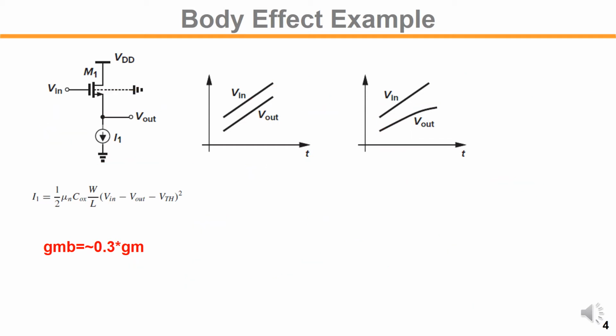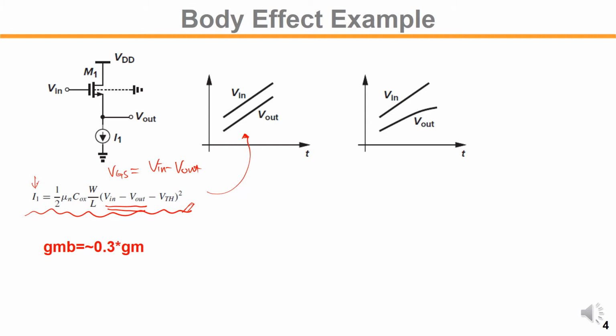The behavior of a source follower can be written mathematically like this equation. We have a fixed current, and VGS is in this case always Vin minus Vout. So replace VGS with this equation. For the fixed current, we get this relationship, right?